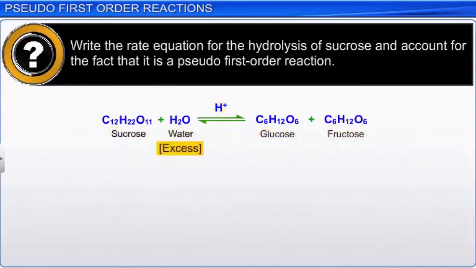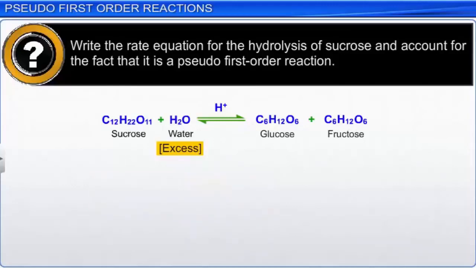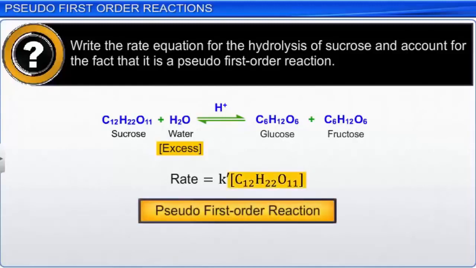Excessive water is used for the reaction, and hence, the concentration of water practically remains constant. As a result, the rate equation can be written as rate is equal to new rate constant K dash multiplied by concentration of sucrose. Since the rate of reaction depends only on one concentration term, it is a pseudo-first-order reaction.